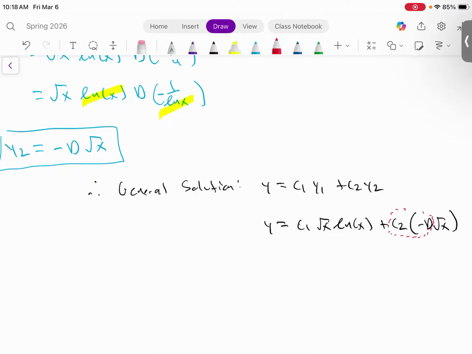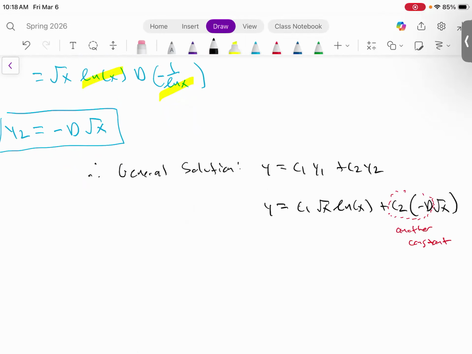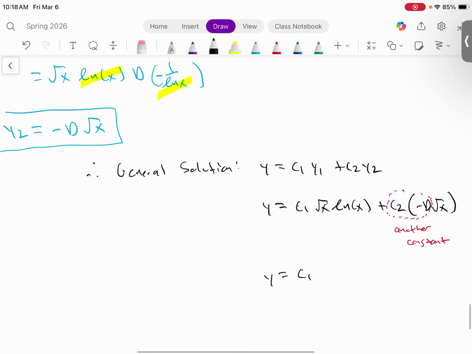Well, a constant times a constant is just another constant, and it doesn't really matter whether a constant is positive or negative. So we can just rewrite this as c1 square root of x natural log of x plus c2 square root of x. It's just another constant.